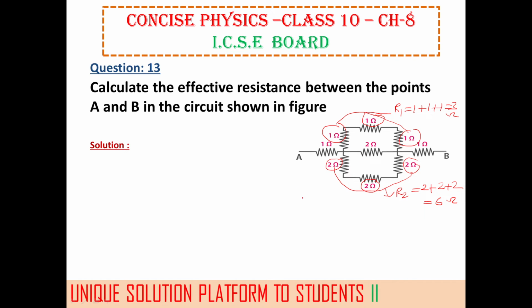Now if I redraw the circuit, it will show like this. So it will be like this. Because this is R1 which has been replaced by 3 resistances, 1 ohm, 1 ohm and 1 ohm.